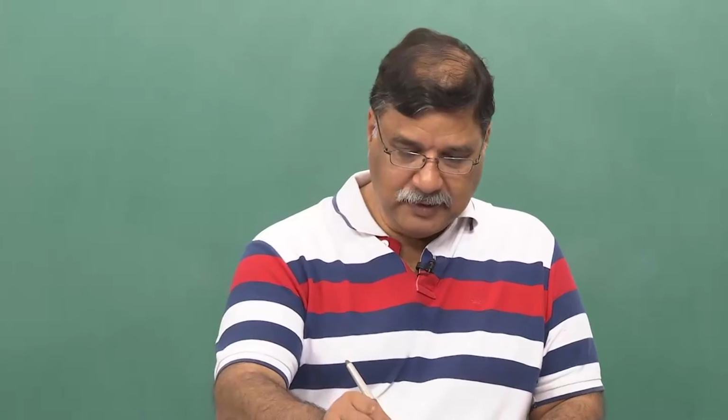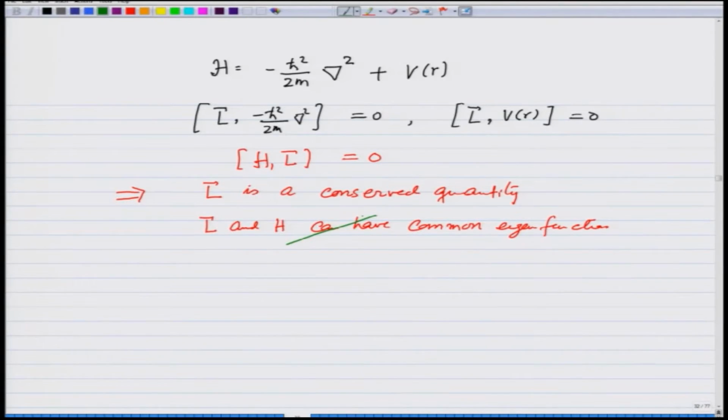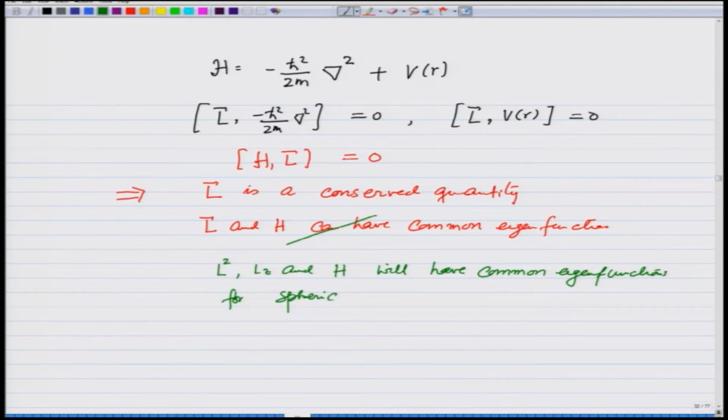So, what we are going to have instead is, I will just cut this and say that L square, Lz and H will have common eigenfunctions for spherically symmetric potentials. We will show that further down.